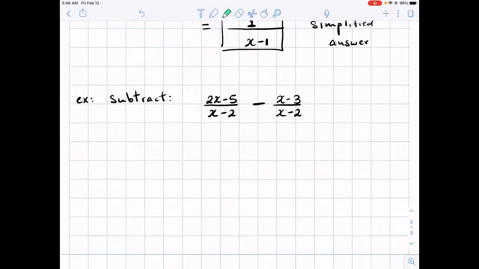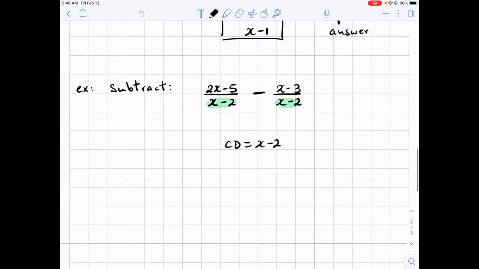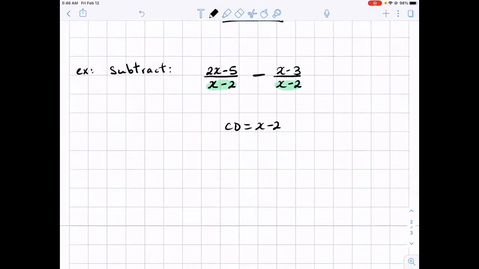So once again here, we have the same common denominator, right? The common denominator is x minus 2. It's the same. So all we do is keep the common denominator, and then we just subtract 2x minus 5 minus x minus 3.